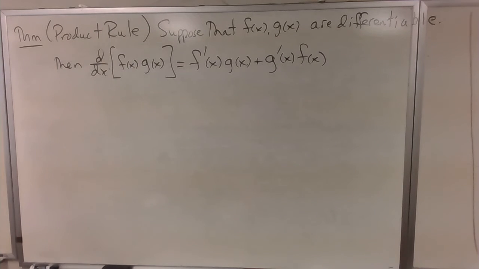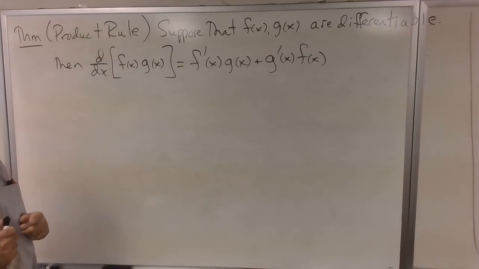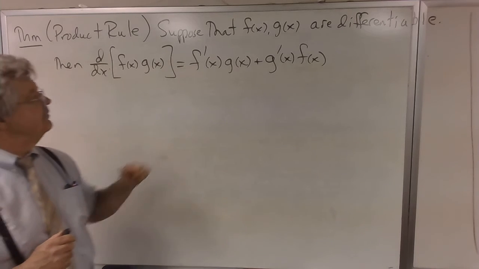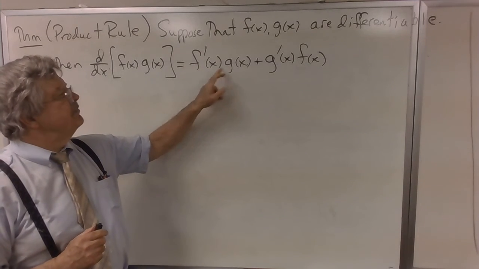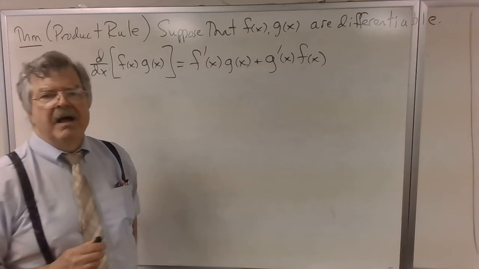Now, most of you learned the product rule as first times derivative of the second plus second times derivative of the first. Same thing. Here I just have derivative of the first times the second plus derivative of the second times the first.